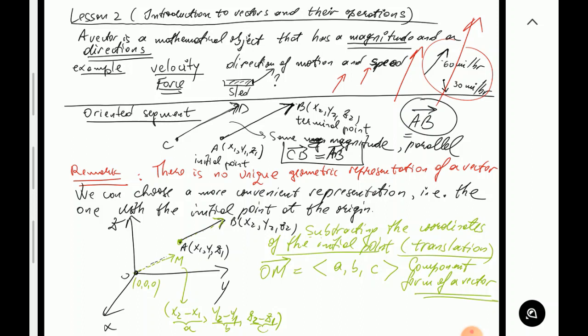Instead of keeping track of 6 quantities, the 3 coordinates of the initial point and the 3 coordinates of the terminal point, we can track only the coordinates of the terminal point, because automatically we know that the initial point is at the origin. This is the most practical form of representing a vector, and I'll have more to say on this after we go over a couple of examples on the next page, so stay tuned.